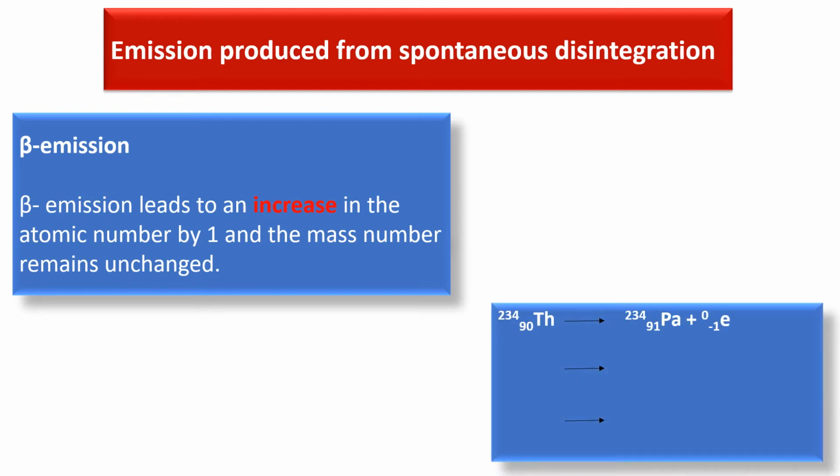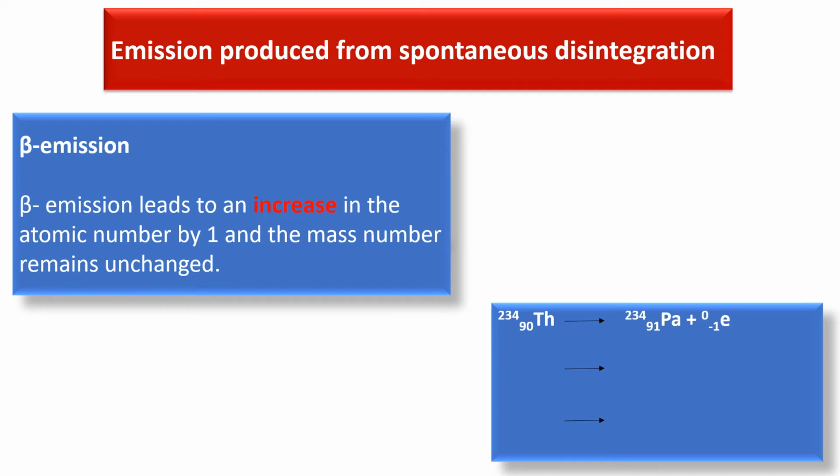So let's look at this example. We have the element thorium with atomic number of 90 and mass number of 234. After emission, it produces another atom with atomic number of 91 and mass number of 234, which means the atomic number has increased from 90 to 91 by 1.